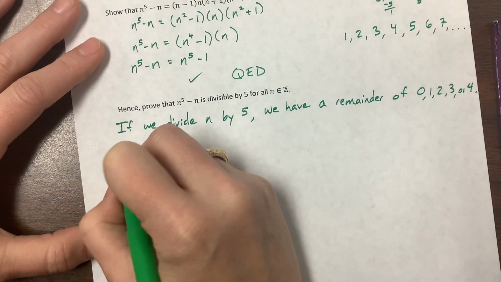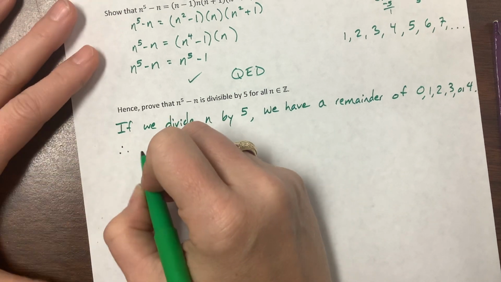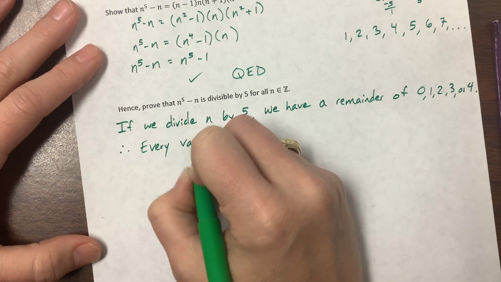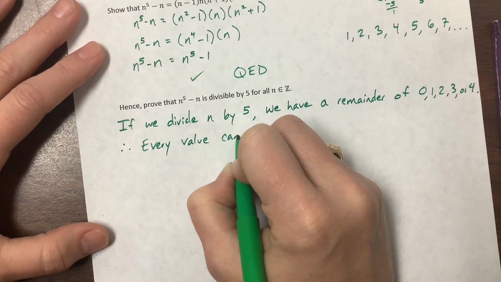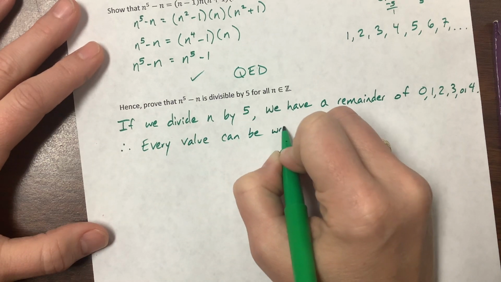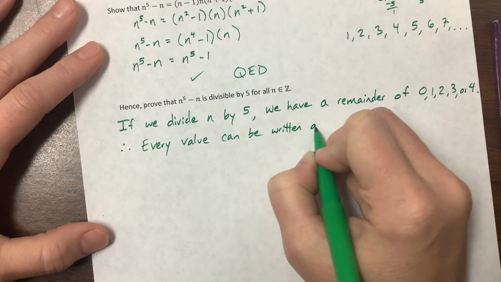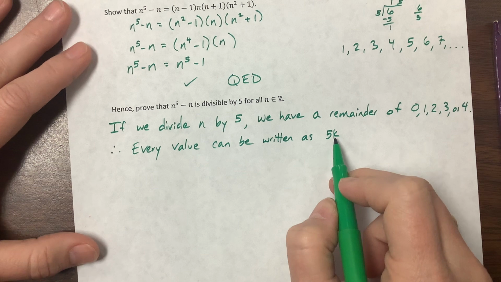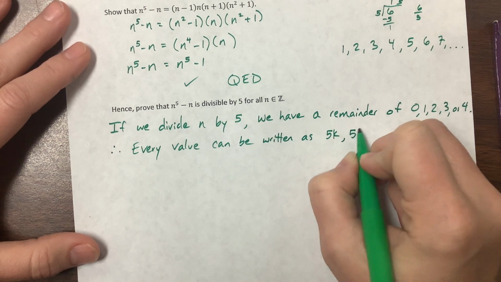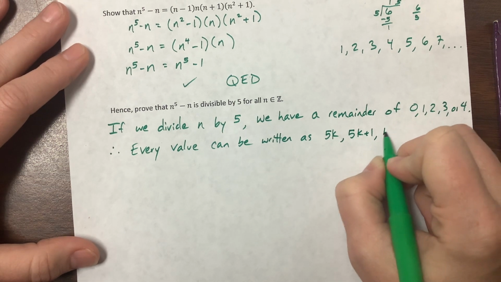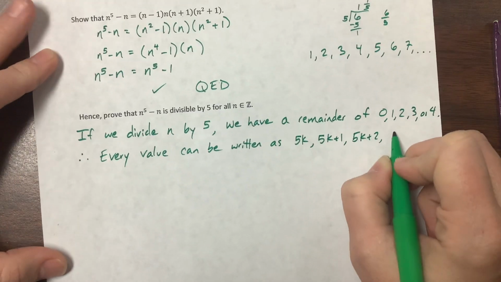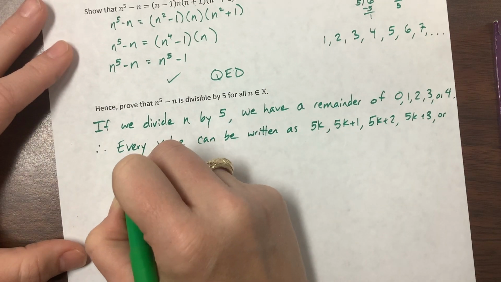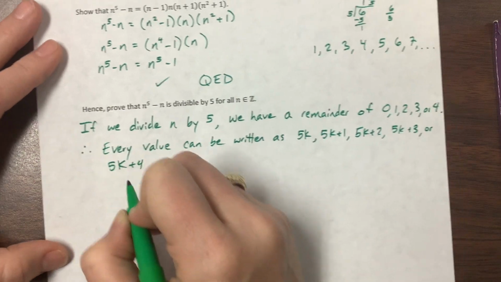Okay, therefore, every value can be written as, okay, if it has a remainder of 0, it says 5k. So that would be 5k plus 1, 5k plus 2, 5k plus 3, or 5k plus 4. Oh, sorry.